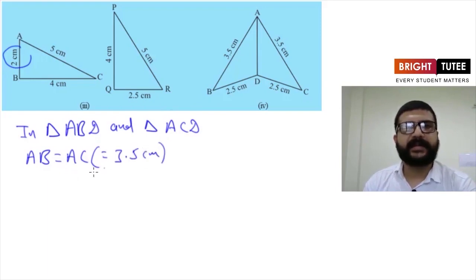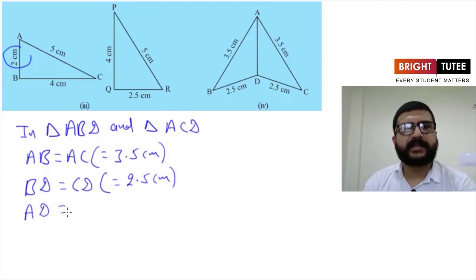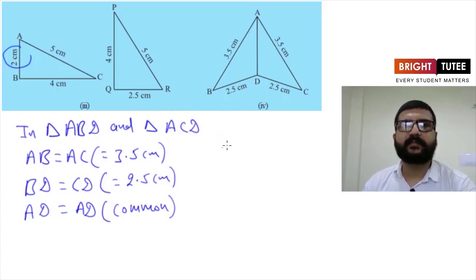And then we have BD is equal to CD, and they both are 2.5 centimeters. And the third side is AD is equal to AD. We can write that this is a common side in both the triangles. Now here the three sides of first triangle are correspondingly equal to the three sides of the second triangle. So it means by SSS criteria we can say these two triangles are congruent.